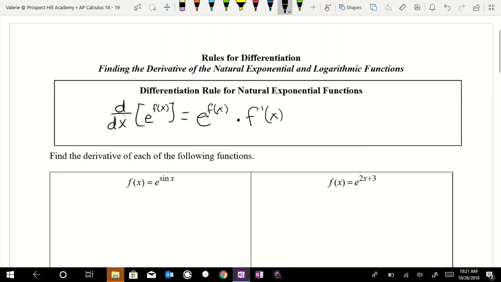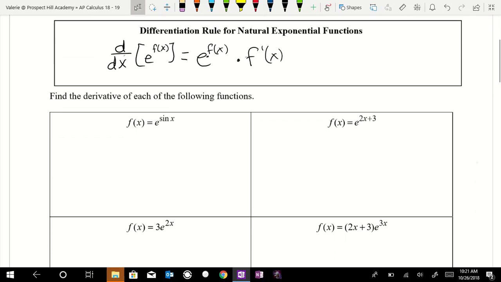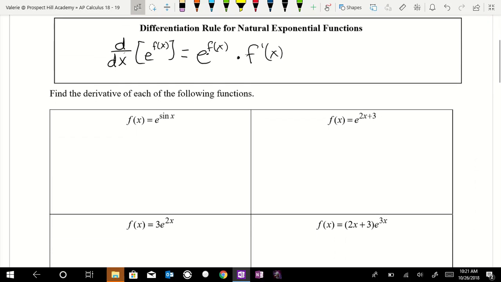So when it comes to finding the derivative of e to anything, you're basically rewriting that e to the whatever function, and then you're finding the derivative of that function in the exponent. So we are going to do the left-hand side of this worksheet.